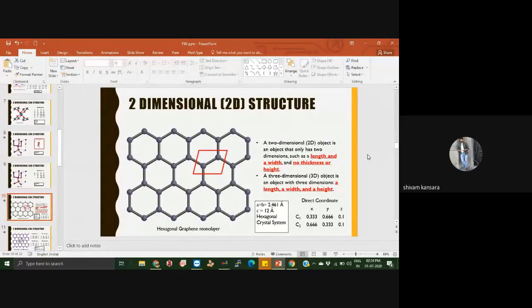Okay, this is a very famous structure, hexagonal graphene monolayer. So this is a two-atom primitive cell. Okay, so let's make it.